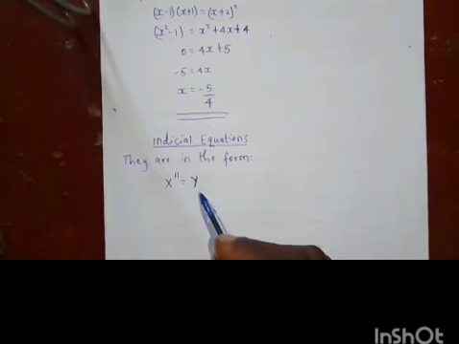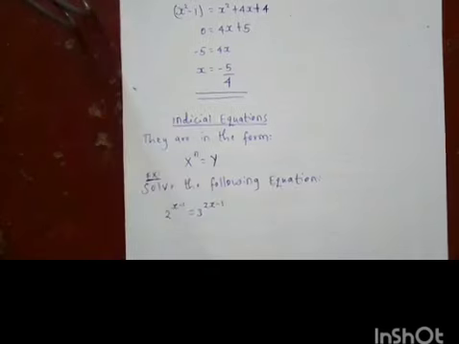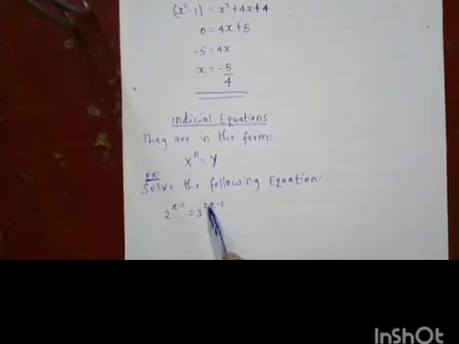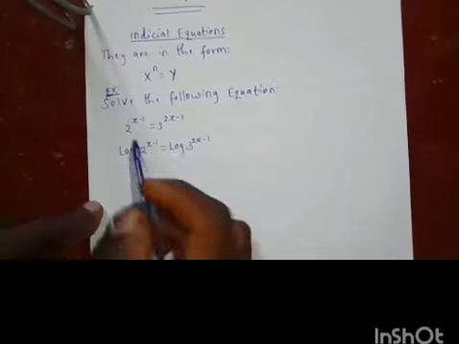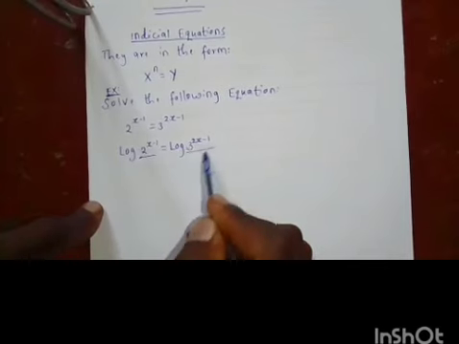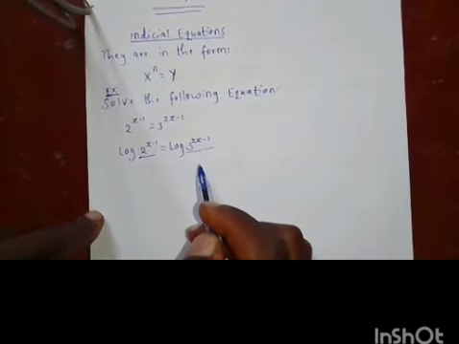For example, you are asked to solve the following equation: 2 to the power of x minus 1 equals 3 to the power of 2x minus 1. So here you apply logarithms. We start by taking the log of this number equals the log of that number. Now we apply the laws of logarithms. Here we apply the third law. So we write in this form.